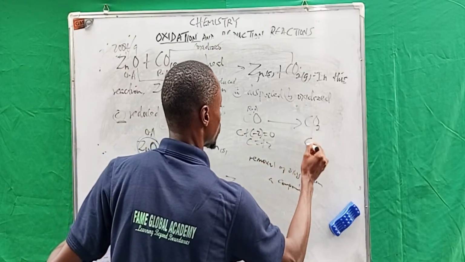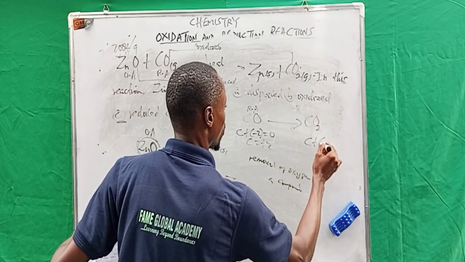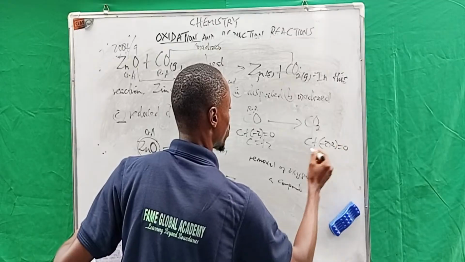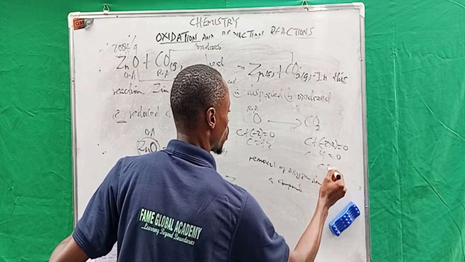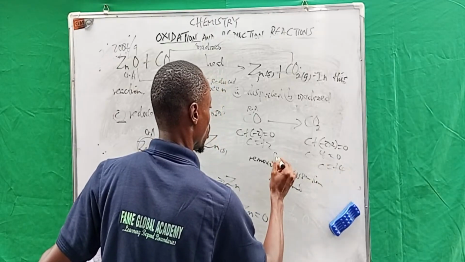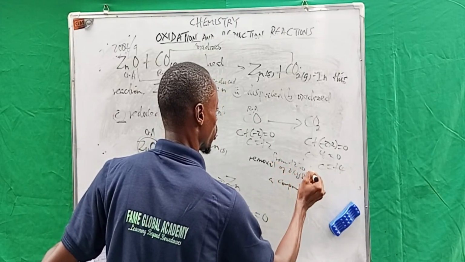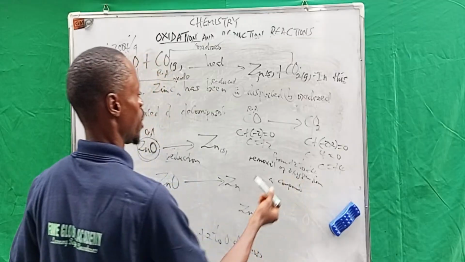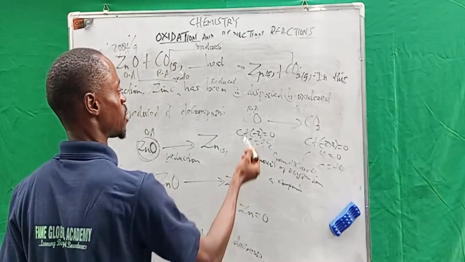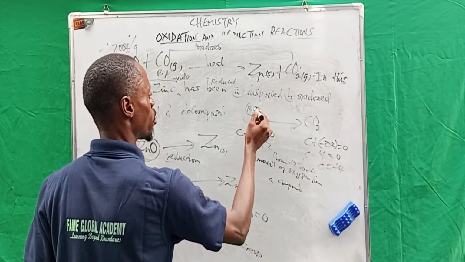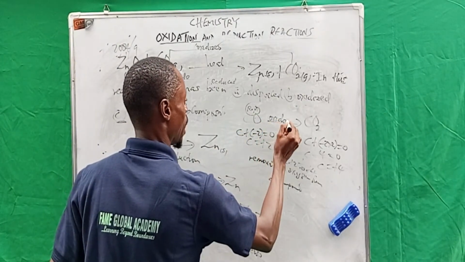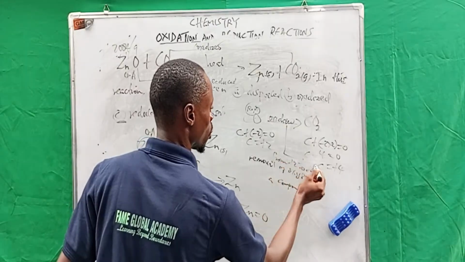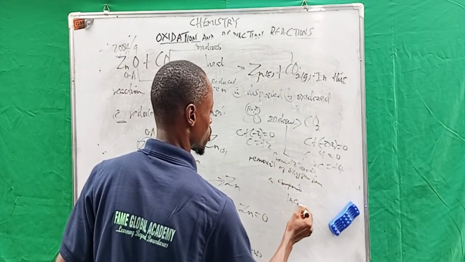Then here we have C plus (-2) times 2 equal to 0, then C minus 4 equal to 0, so C is equal to +4. From +2 to +4, there's an increase in oxidation number, which is exhibited by the reducing agent, because reducing agents are oxidized. And oxidation goes with an increase in oxidation number.